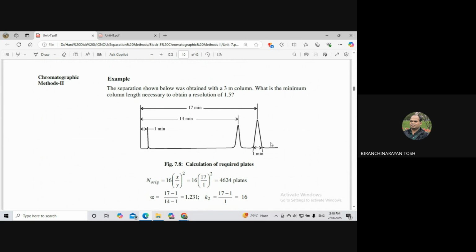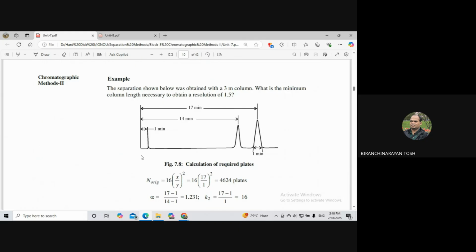The separation you can see here is obtained with a 3-meter column. What is the minimum column length necessary to obtain a resolution of 1.5? Retention time is given for two samples, one is 17 minutes and the other 14 minutes, and 1 minute is given for the solvent.